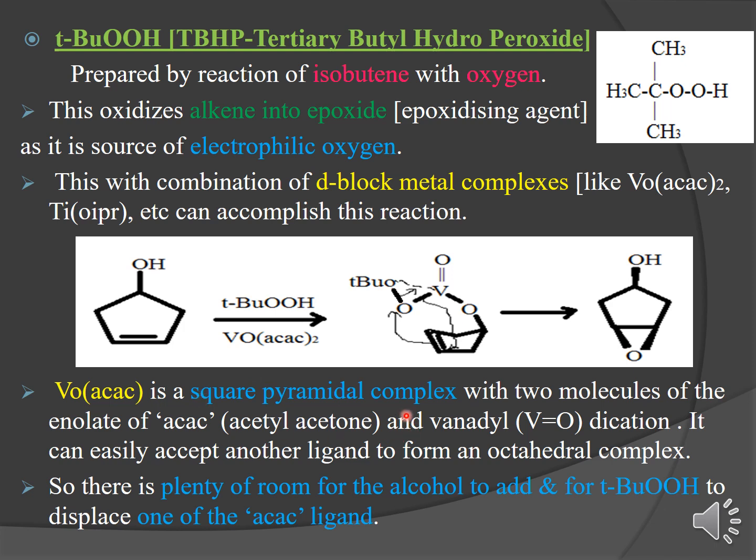So moving on to the next point, if you take vanadyl acetylacetonate, here vanadyl acetylacetonate is a square pyramidal complex, which will have two molecules of the enolate of acetylacetone and the vanadyl compound present.